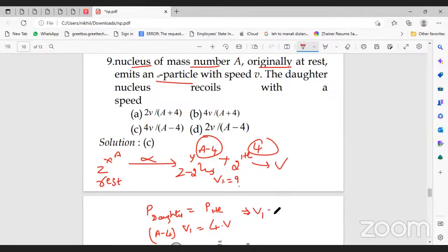V1 is the velocity of the daughter nucleus. So V1 will be equal to 4 times V divided by A minus 4. So you can go with option C, 4V divided by A minus 4.